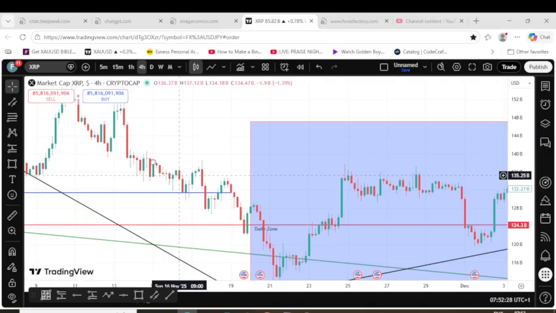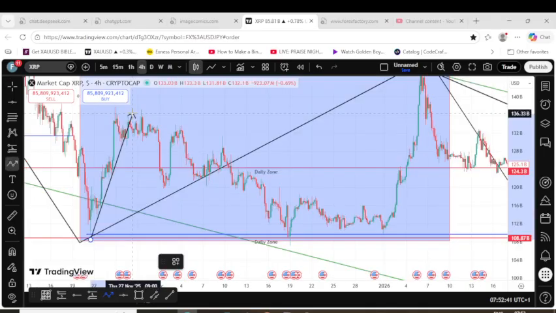Now let us see our third blue box, if it's also common there. Our third blue box is actually a little bit interesting. Its price went like this, came all the way back down, then came up here, and then formed an M pattern here, but it's a very small M pattern.